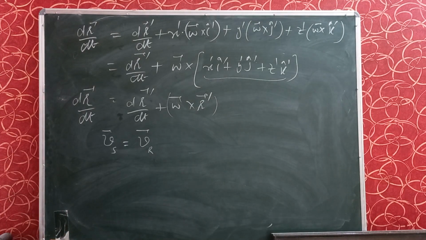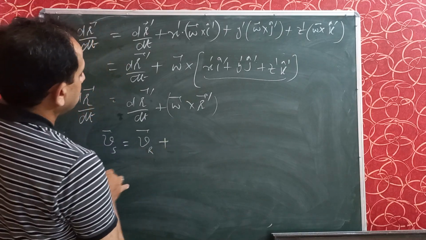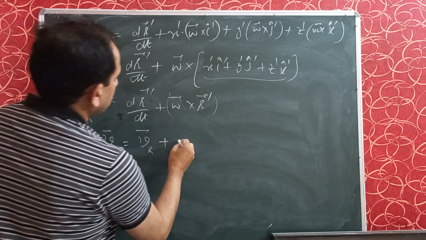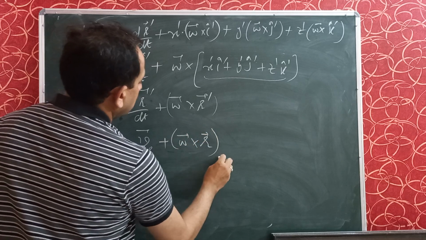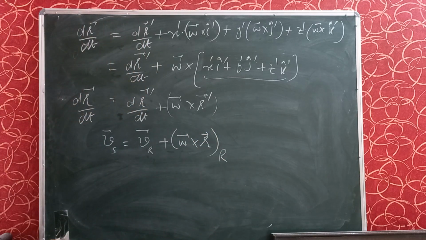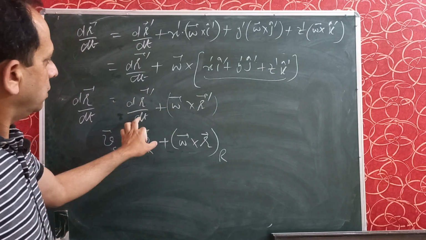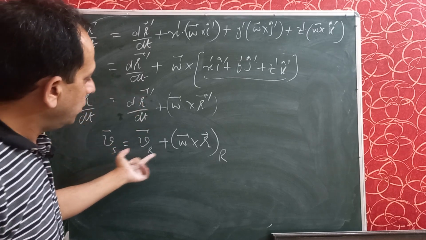So I am writing this S dash as R. R means rotating, plus I have written this dr by dt with R. Similarly, it is omega cross r, but in the rotating frame. So I have changed this r dash into simple r, but this r dash is symbolically represented by the rotating r.